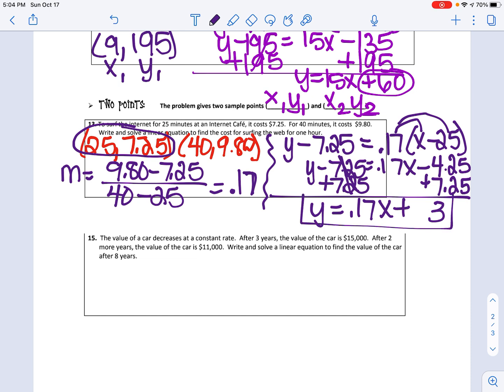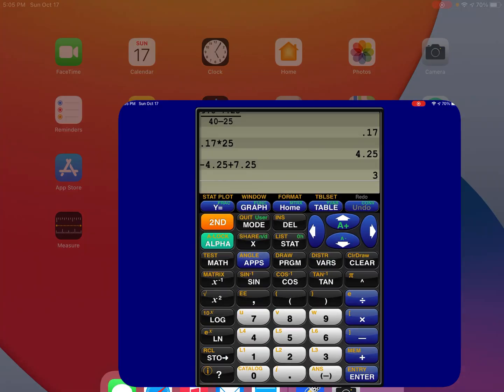Now, the question that I have to answer is, what does it cost to surf the web for 1 hour? Well, since this is in minutes, 17 cents a minute, 1 hour is 60 minutes. So I'm going to substitute 60 right here in for x. So I'm going to multiply 0.17 times 60 plus 3, and that's going to give me my cost.